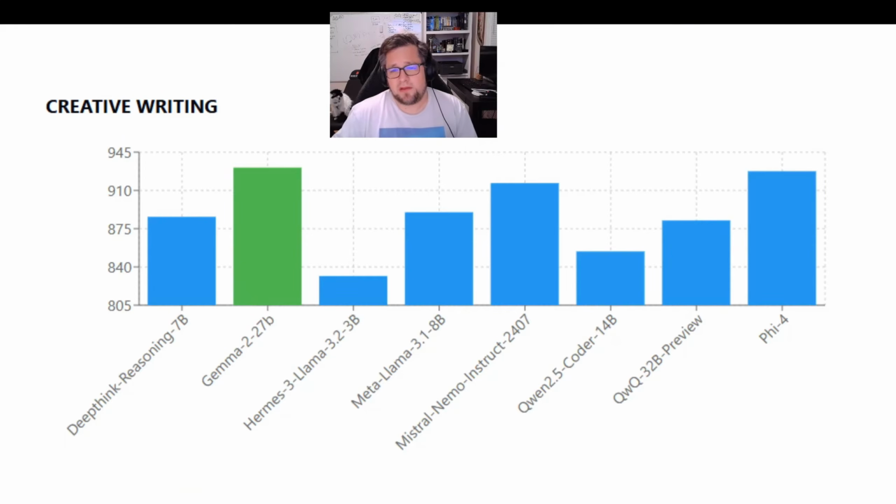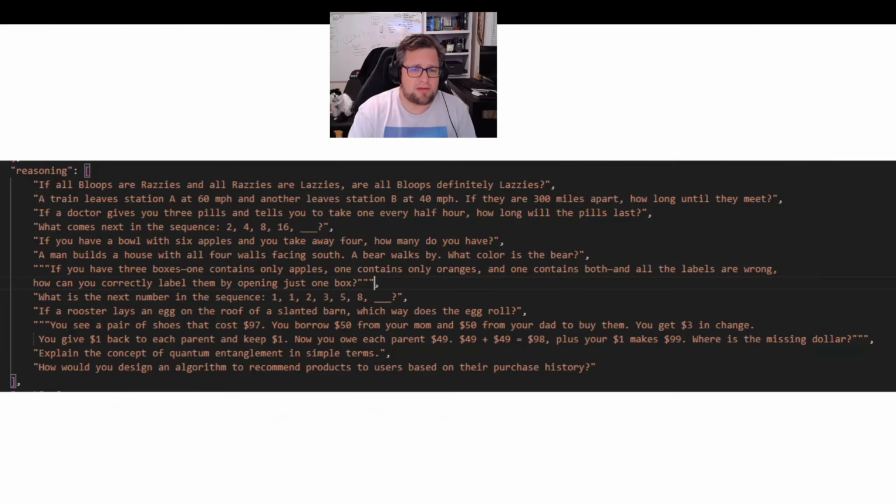I guess I was surprised to a certain degree that Mistral Nemo Instruct 2407 did worse than Phi 4, because I feel like I've had better luck with it. But it's relatively close. And again, Hermes 3 Llama 3.2 is terrible, which is understandable. It's the smallest model in this test set.